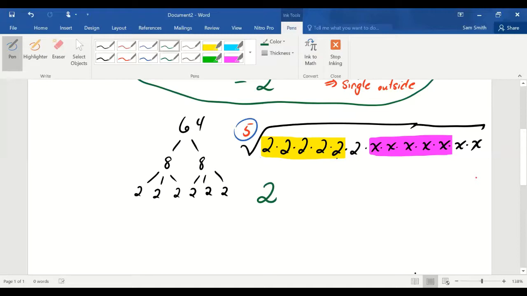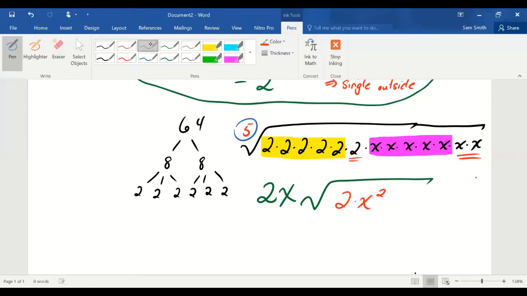This group of 5 twos becomes a single 2 outside. This group of 5 x's becomes a single x outside. Now, what is left behind after that has been taken out? What's left behind is this single 2 and this pair of x's in the back. So 2 times x squared, or 2 factors of x, is left behind.